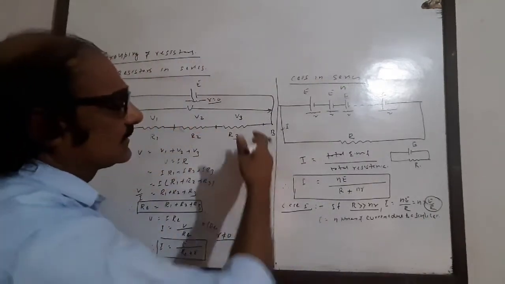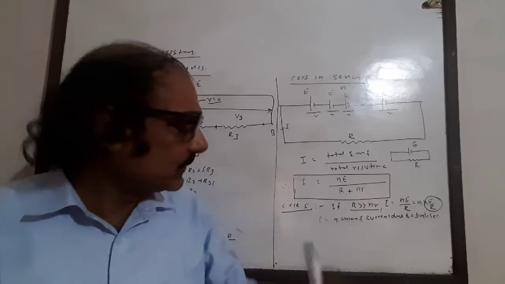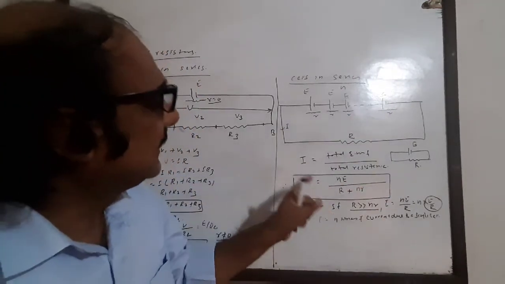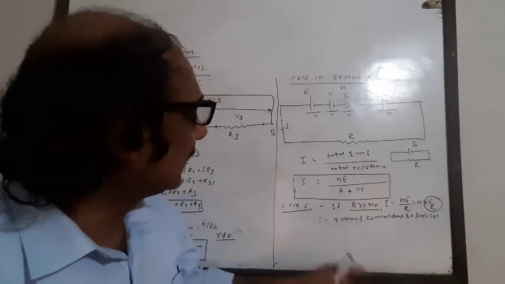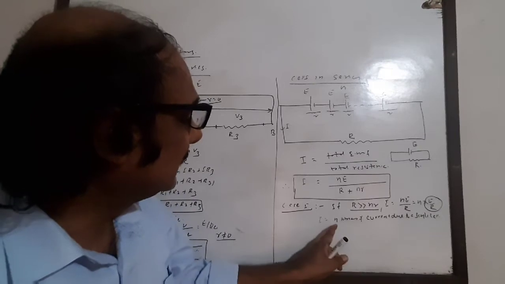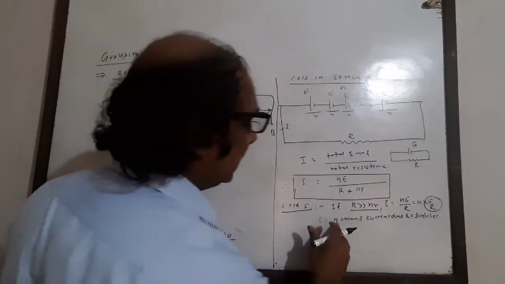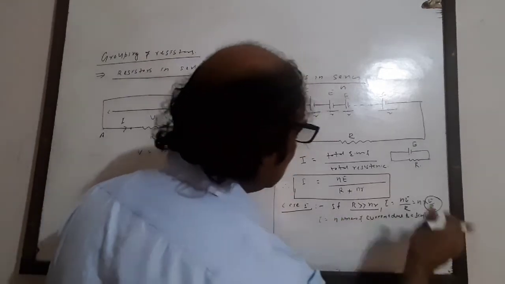It means such grouping of cells is necessary if we want to raise the current, so the number of cells are connected in series, because the current increases n times that of a single cell.